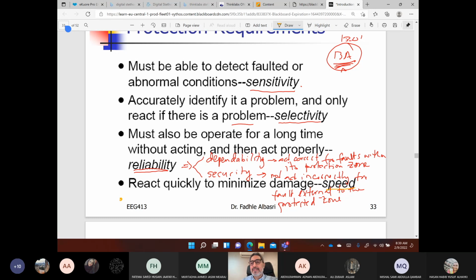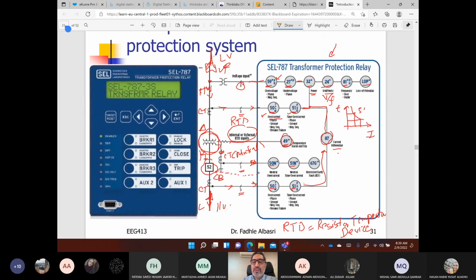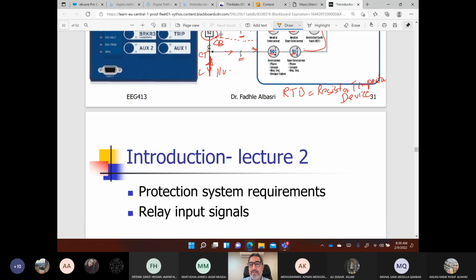Why don't we have such protection functions to protect our TV, for example, or protect our motor at home? If it can make the system reliable, why don't we use them at home? They are expensive. Yeah, the cost.